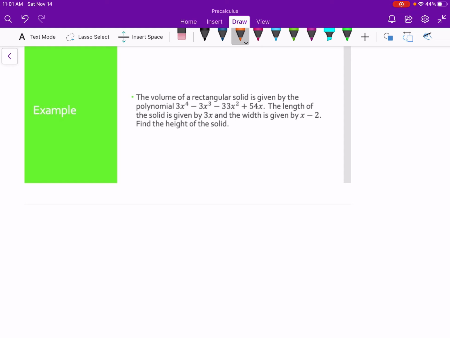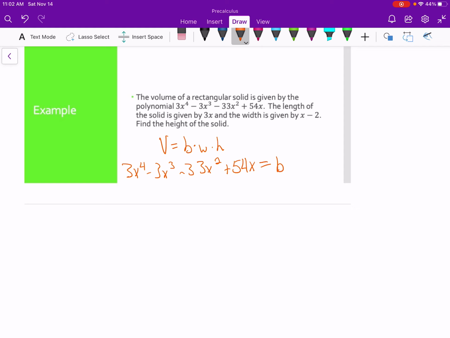So we know that volume of a rectangular solid or a rectangular prism is base times width times height. So we know our volume, 3x to the 4th minus 3x cubed minus 33x squared plus 54x is equal to our base, we don't know.